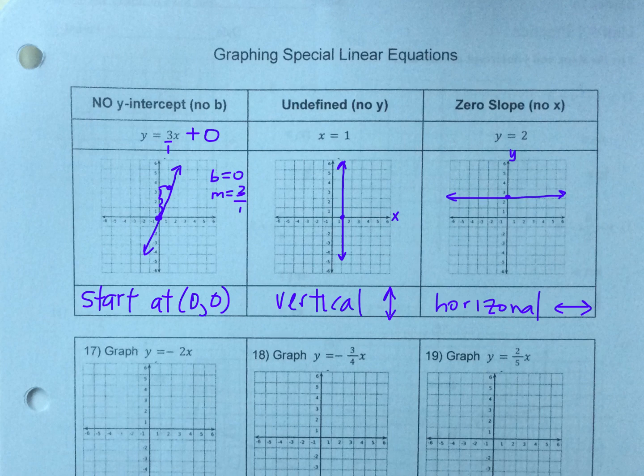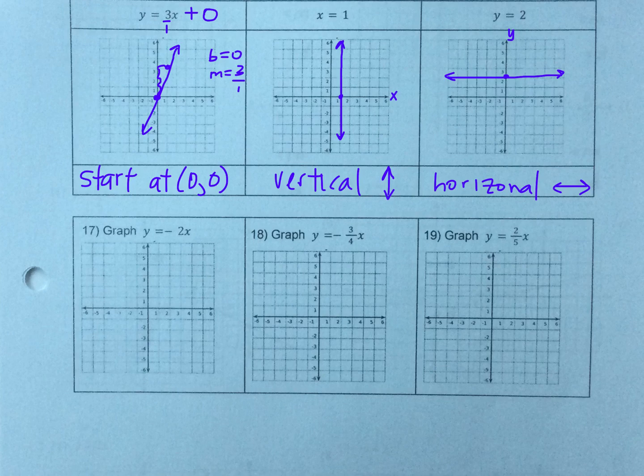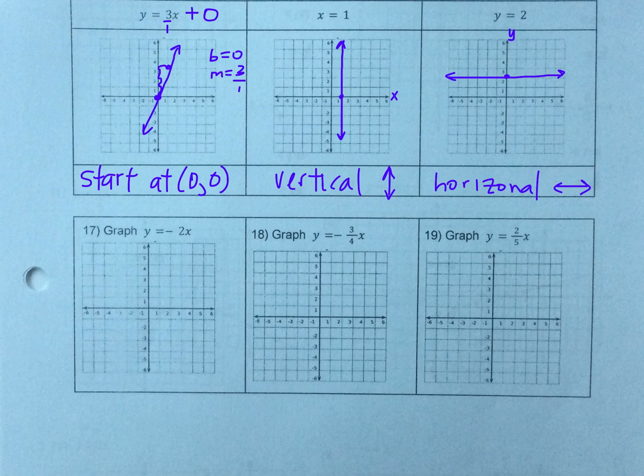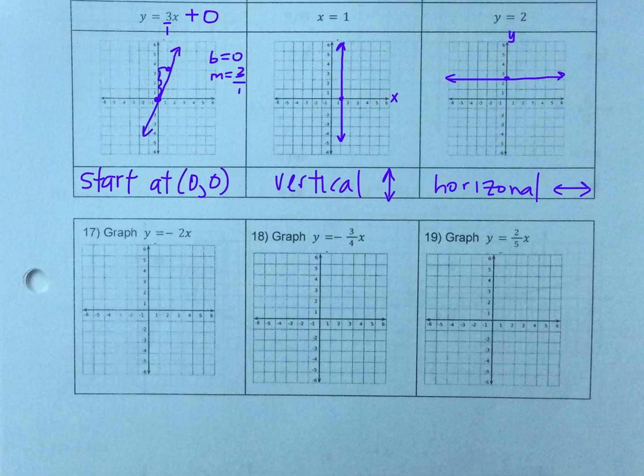So let's practice graphing these down here. They're all missing a B. So I'm going to go ahead and say plus 0, plus 0, plus 0. So for these, they all start at my B, which is 0.